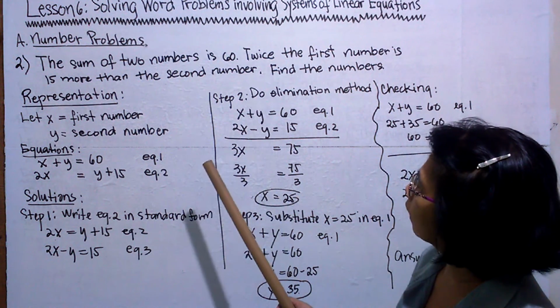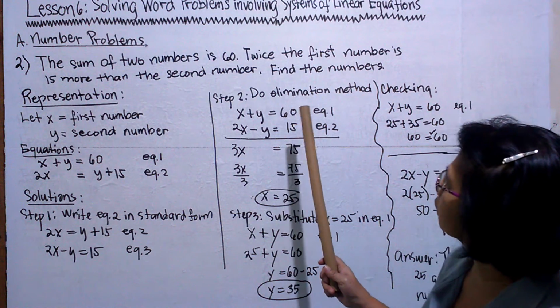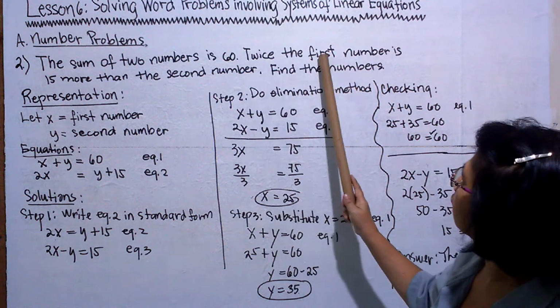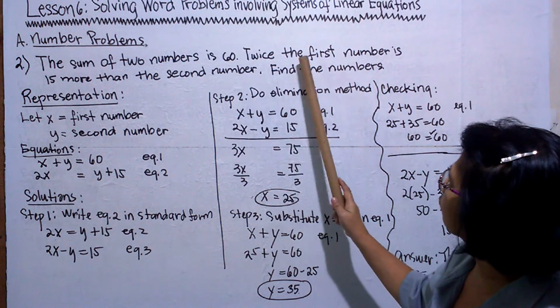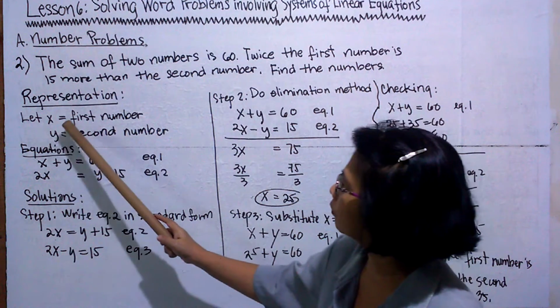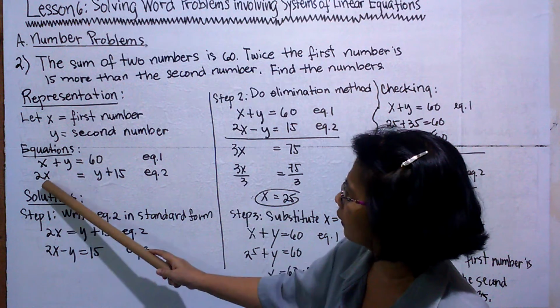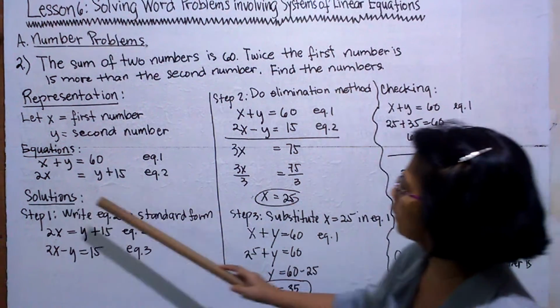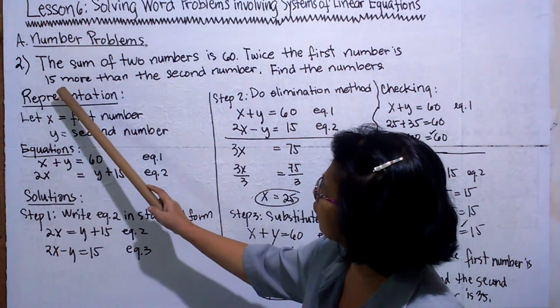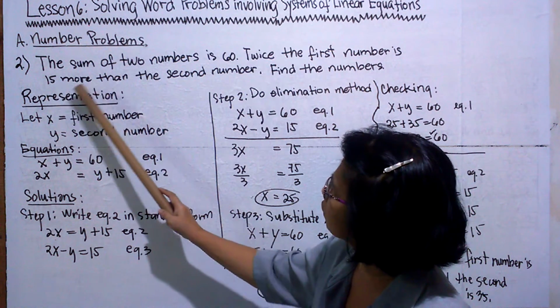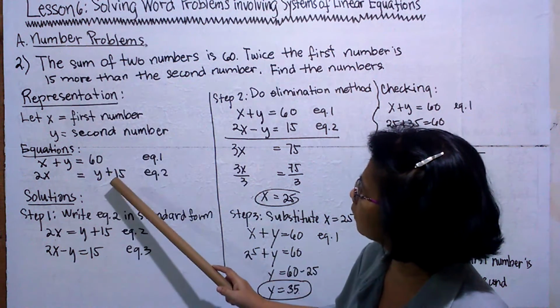Going back to the problem, let's look for the second condition. Twice the first number. What is twice the first number? The first number is x. Twice of that, we have 2x. Is, so equal sign, 15. Write first the phrase more than, which is plus.